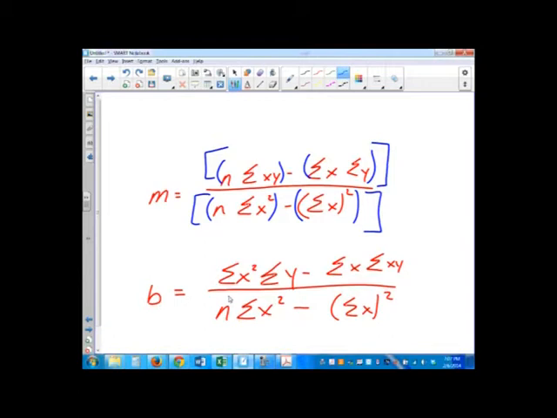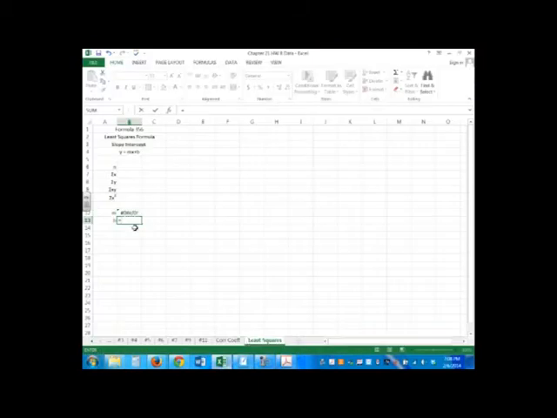B, so we're going to come down here to the intercept. Let's put our parentheses in for this one. So I'm going to put parenthesis there, bracket, bracket, parenthesis, parenthesis, parenthesis, parenthesis, bracket, bracket. So I'm going to start with 2. Go ahead and do that.